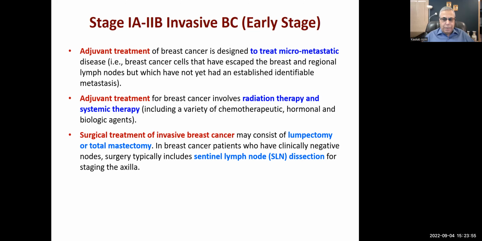So when you do surgery, now one of the purposes of the surgery is to preserve the breast tissue. Breast is a part of the body. If you remove breast from a woman, you have removed a part of the body of that woman.